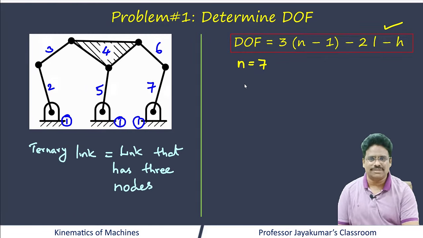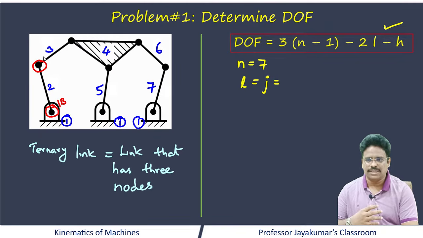Next, we need to determine number of lower pairs, which is equal to number of binary joints. I will denote binary joints by circle. So link 1 and 2, we have one binary joint. Here I have one. Here it might look like it forms the ternary joint. They are not. This is not ternary joint because 4 is a single link. So link 4 and link 3, so it is also a binary joint.